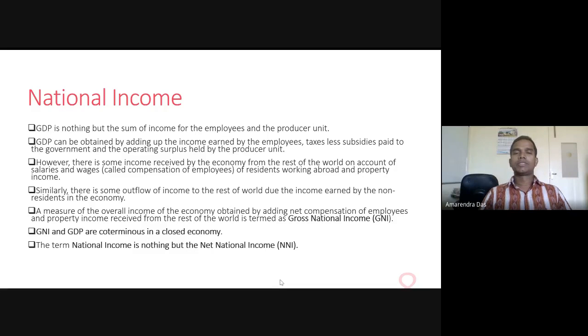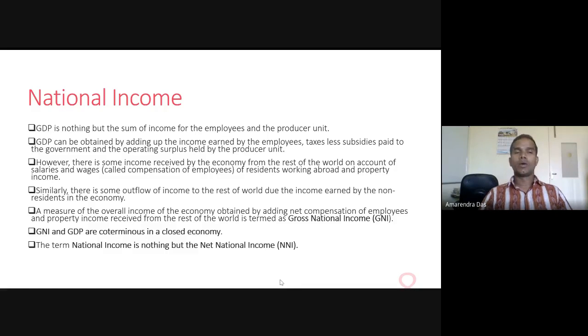Similarly, all the expenditures that happen in the country, if you aggregate that also, that will basically be the national GDP. And so GDP can be obtained by adding up the income earned by the employees, and you add the tax and deduct the subsidies paid to the government, and you have to add the operating surplus held by the producer.